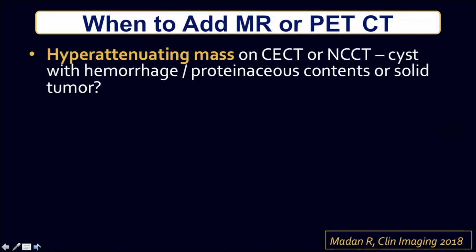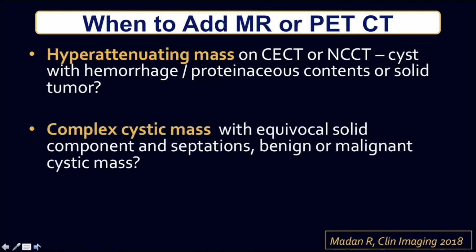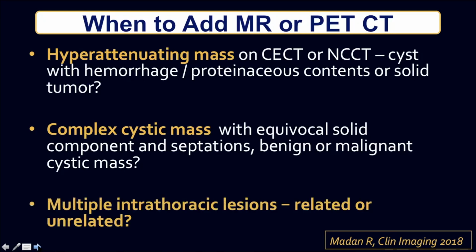So when you're dealing with a hyperattenuating mass on CT, it may be due to cyst with hemorrhage or proteinaceous contents, or it could be a solid tumor, or you may have a complex cystic mass with equivocal solid component and septations. Or you may have a case where you have multiple intrathoracic lesions and you're not sure if this is related or unrelated.